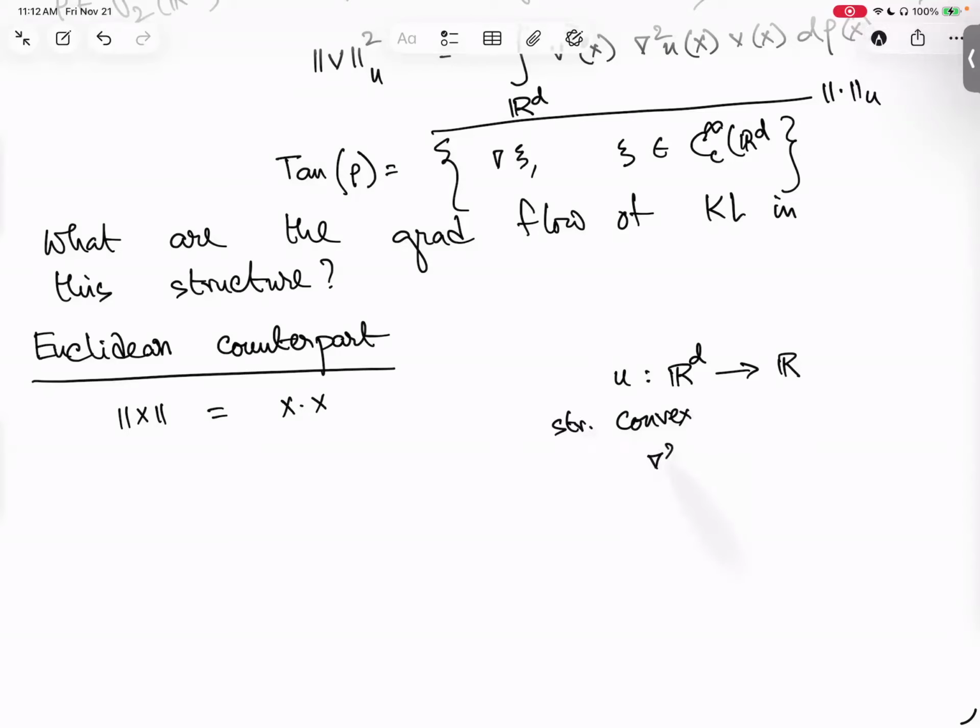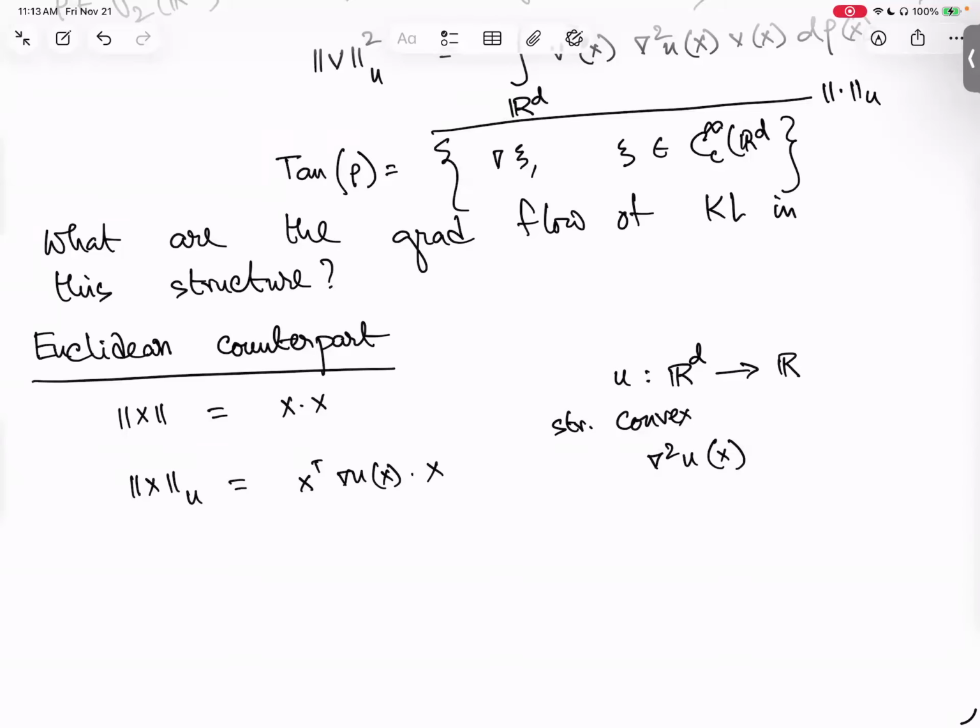And I have its Hessian of u of x. And I can now measure a new norm of x as x transpose Hessian of u of x dot x. Okay, I can do this.